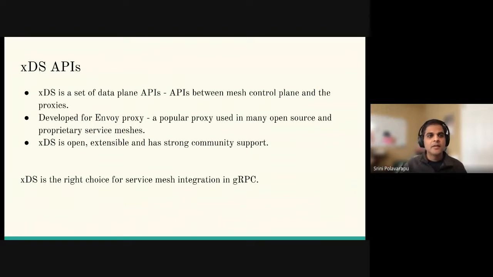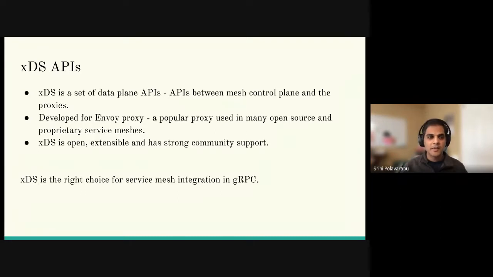All right. So to make this happen, we decided to add support for xDS APIs in gRPC. So what are xDS APIs? These are the same APIs that Envoy proxy uses to talk to the mesh control plane. Now, Envoy is the de facto proxy used in many service mesh solutions, and xDS APIs were developed as part of Envoy development. Right?